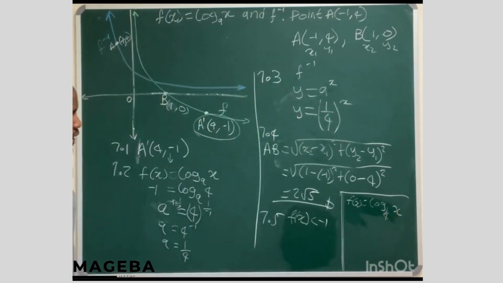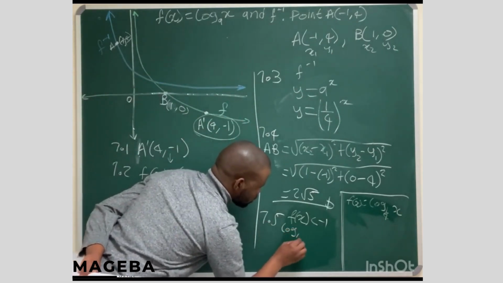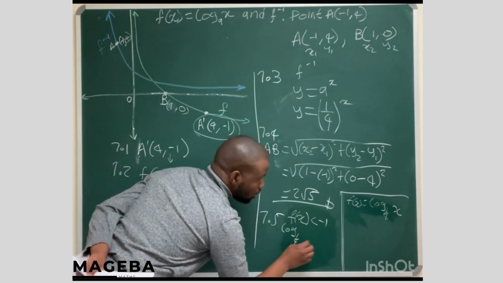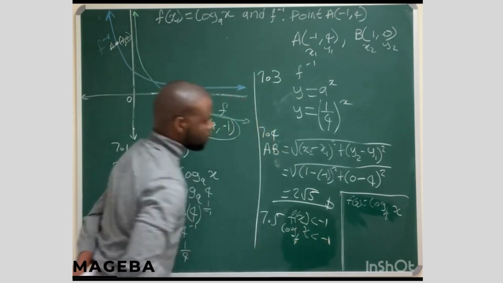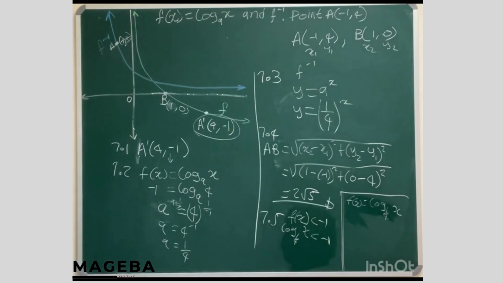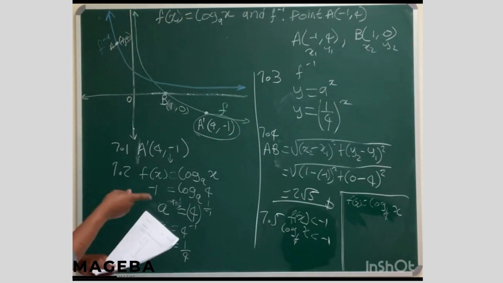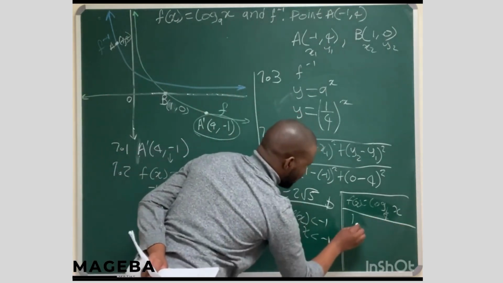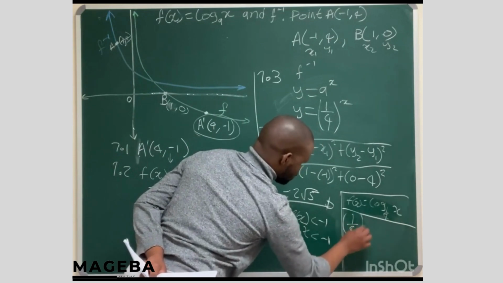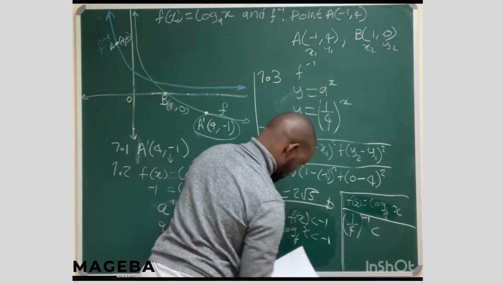So this is my function of log. Now I go here and substitute it as log base 1 over 4 of x, and then less than what? -1. So from here, I solve for my x. Remember, I can do the inverse of this log by saying 1 over 4 to the power of -1, and then this is going to be less than what?